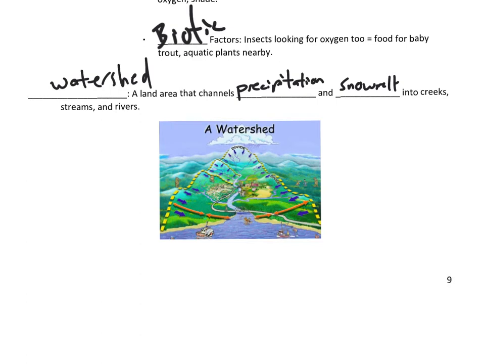And then we also call that runoff, as that precipitation starts falling down and then hitting land surfaces. It begins pooling and running off into smaller little streams and rivers that collect into larger streams and rivers. And snowmelt also happens as the temperatures rise. That snow melts and forms those streams and rivers as well. And an area where all of the little creeks and streams and rivers come together to provide a source of water for larger bodies of water is called a watershed.